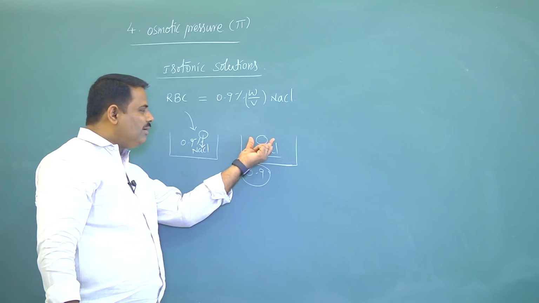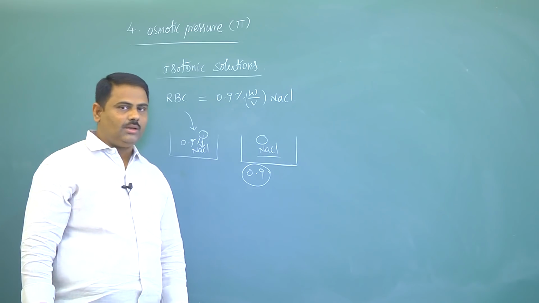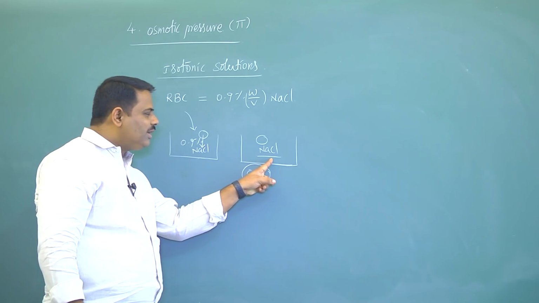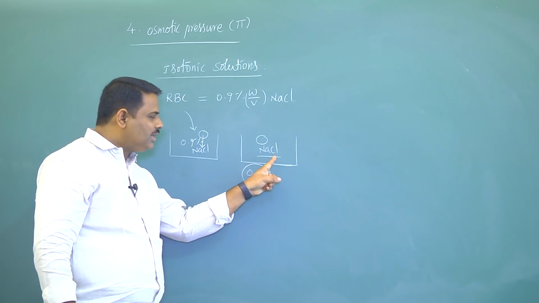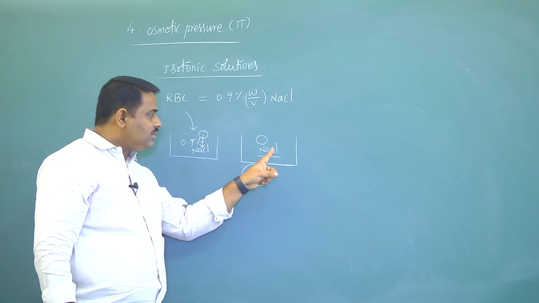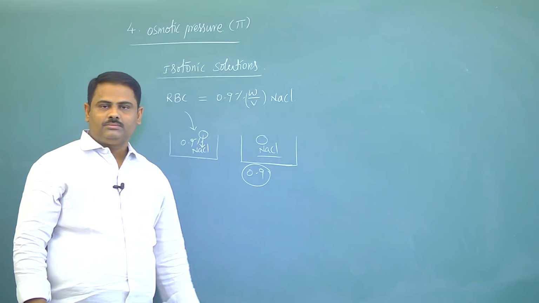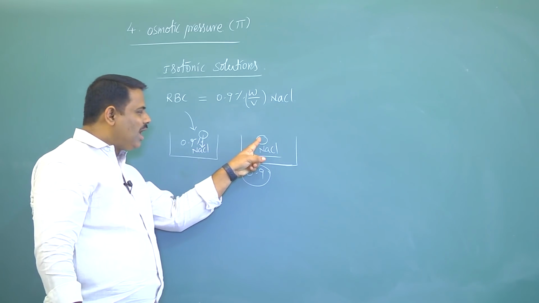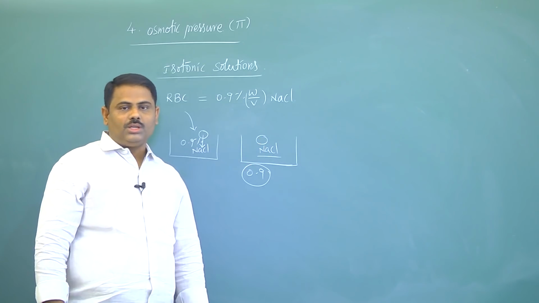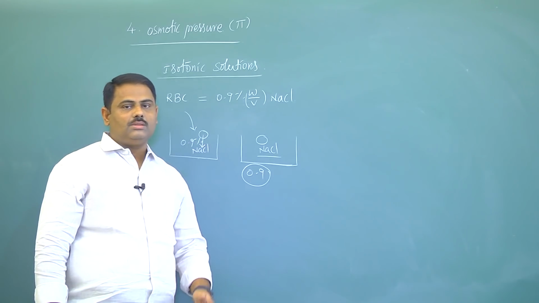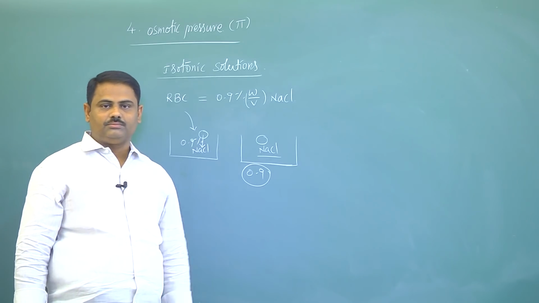If you place RBC in this solution, then the solvent present in NaCl enters into the RBC cell and it swells. So here you are placing RBC in a less concentrated solution. A solution having less concentration is said to be a hypotonic solution.